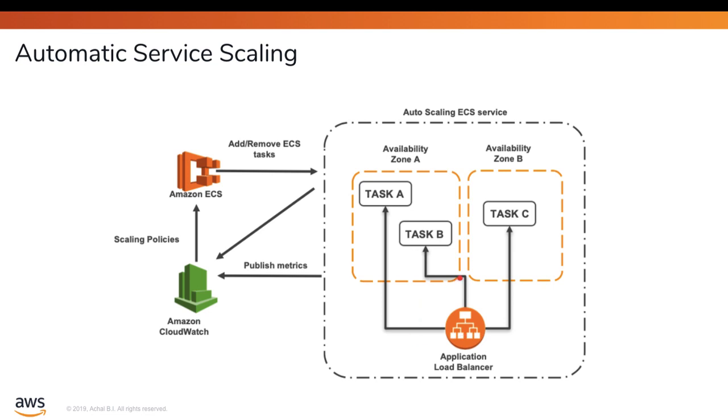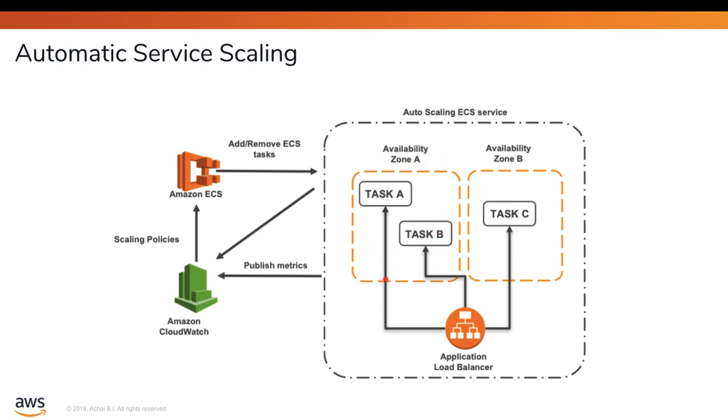If the CPU utilization is high and you have configured for more tasks to be deployed for a particular metric, then what would happen is the ECS service would send a request to CloudWatch, and it would update the metrics, and the CloudWatch event would trigger a task scheduler to spin up new tasks basically.